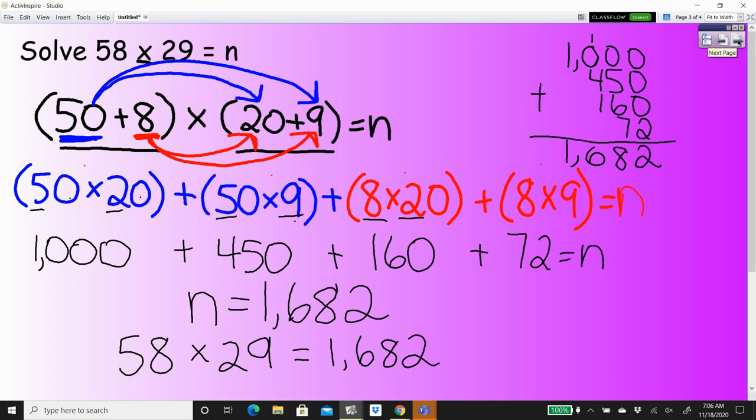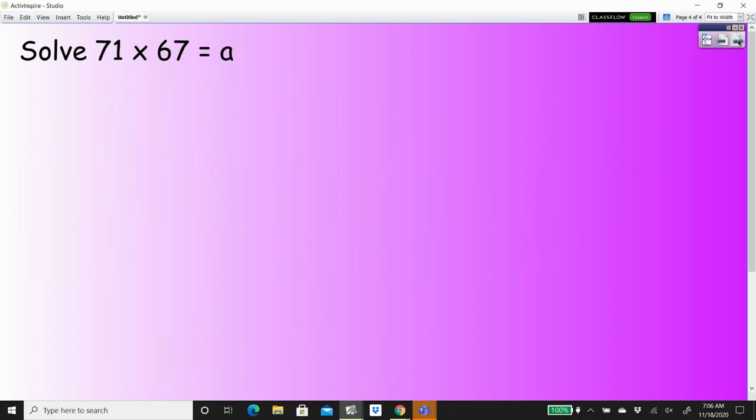Now we will do it again, okay? And this time, see if you could follow the steps with me. So now I have to find the product of 71 times 67 using the distributive property.